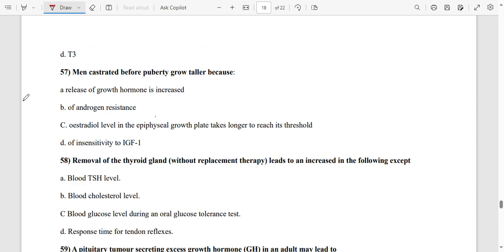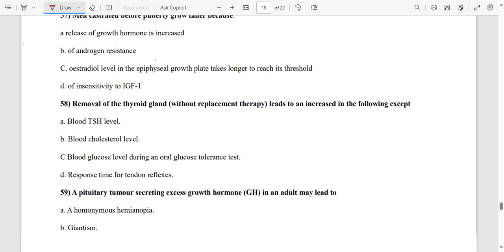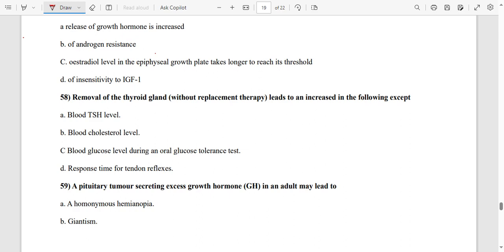So men who are castrated from birth, why do they grow taller? For a person that is castrated from birth, there are low levels of testosterone in the body. Testosterone assists in the fusion, or closure, of the epiphyseal plate.